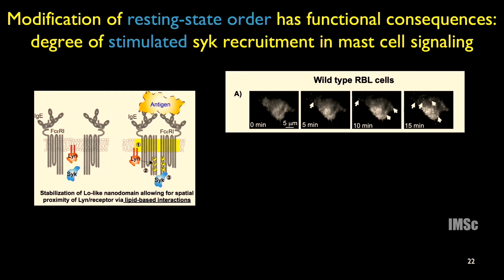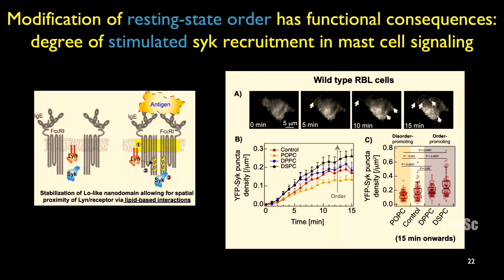Okay, so now we see here that initially we have the control in red. If you have POPC, which is a disorder-preferring lipid, you see that there is a decrease in the stimulated Syk recruitment, meaning that, again, how my system is prepared, how my resting state is prepared, dictates whether my stimulation will be optimal stimulation or hyperstimulation.